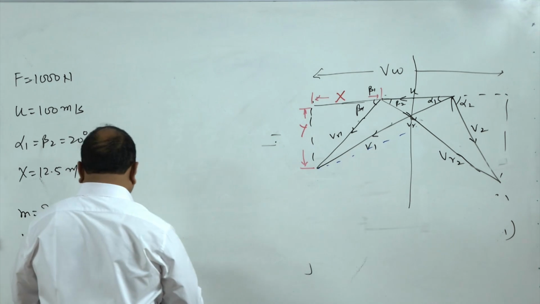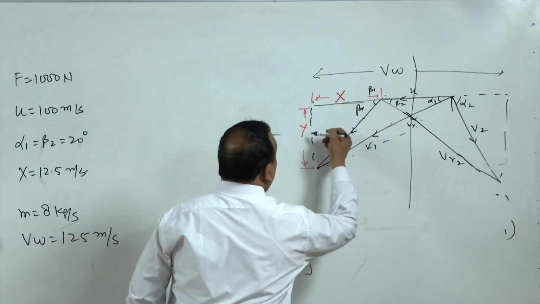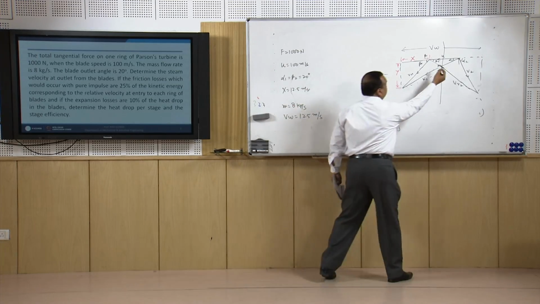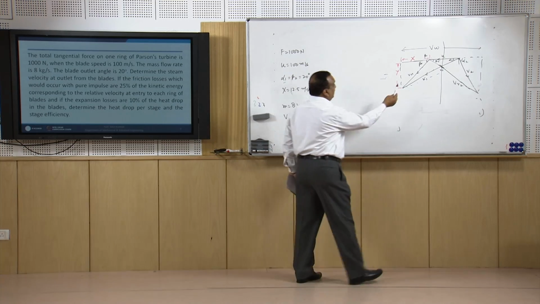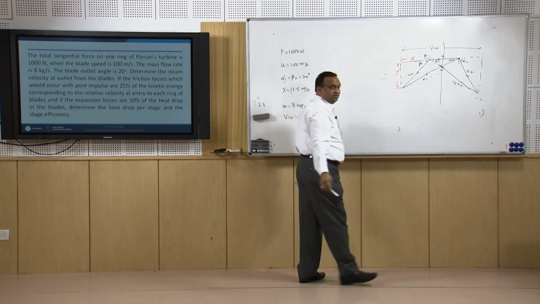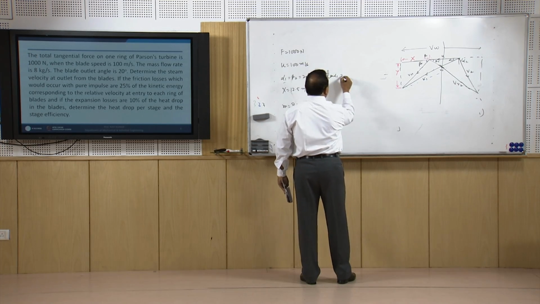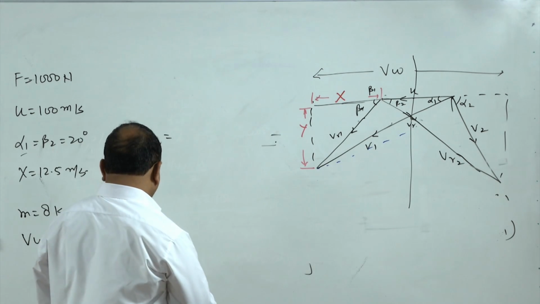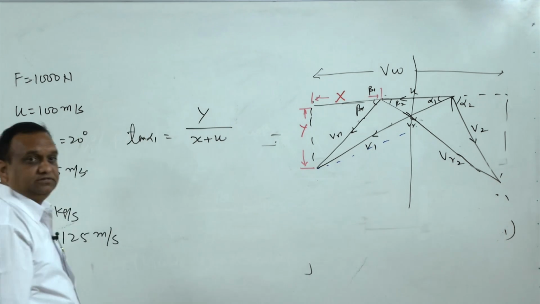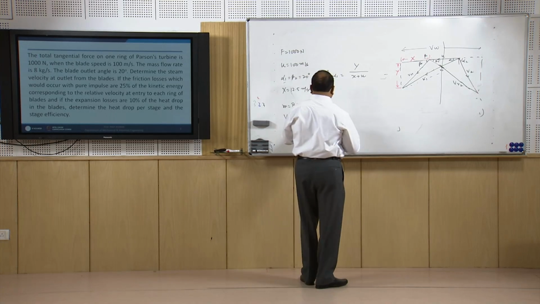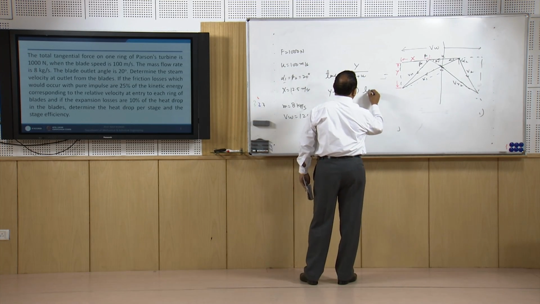Right, and y, before we take y, we can take y as x plus U tan alpha 1, because we have the value of alpha 1 only, we do not have the value of beta 1. So, tan alpha 1 is equal to y divided by x plus U. So, y is equal to (x plus U) tan alpha 1.